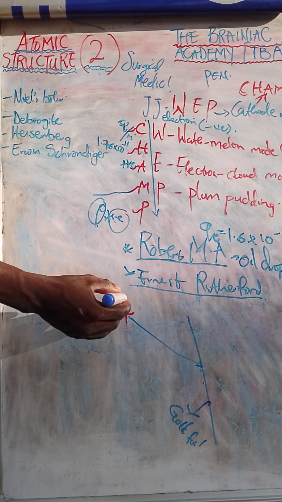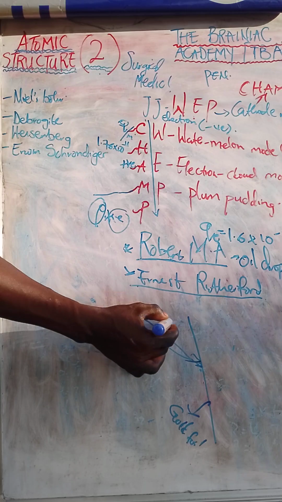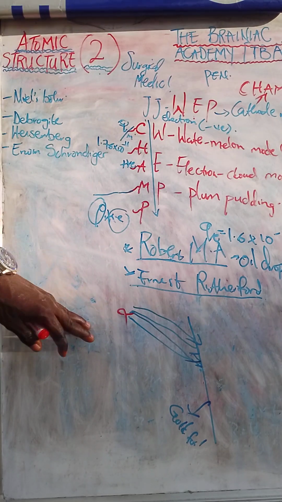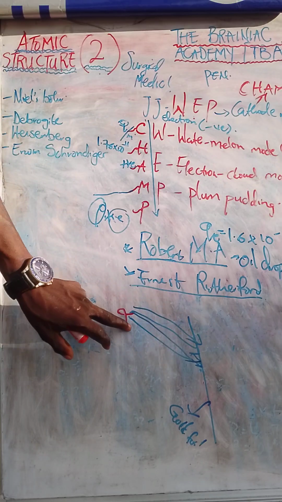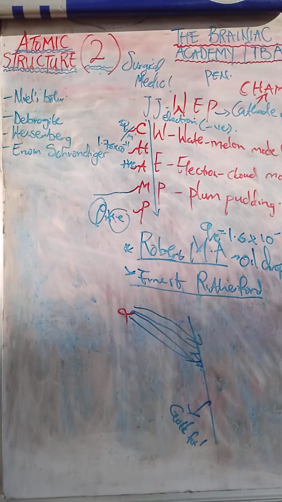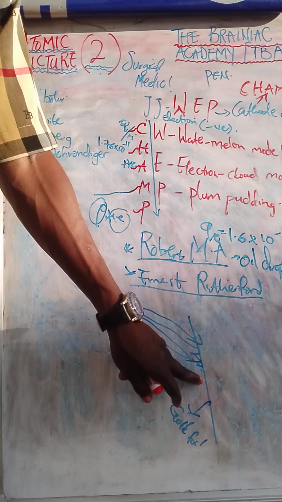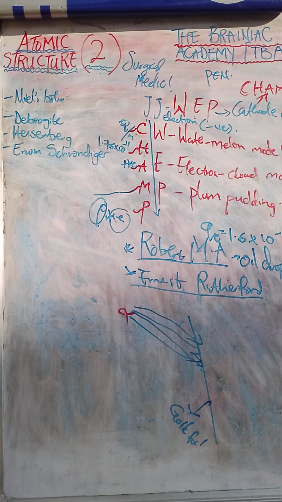Let's say 1, 2, 3, 4 alpha particles were bombarded. And he discovered that plenty of these alpha particles passed through the gold foil, and just a few were deflected back.